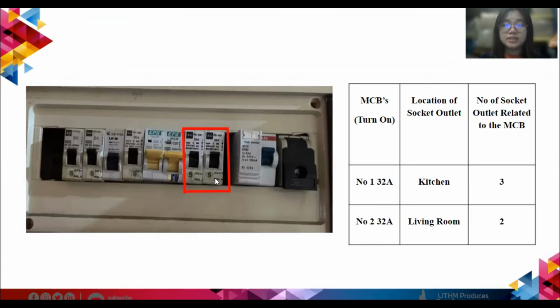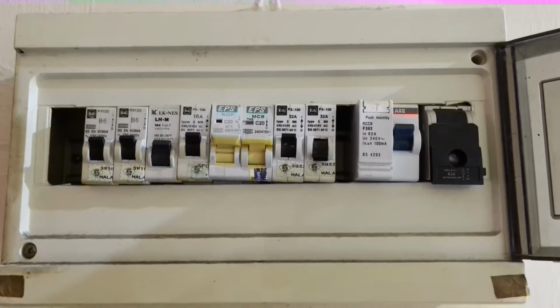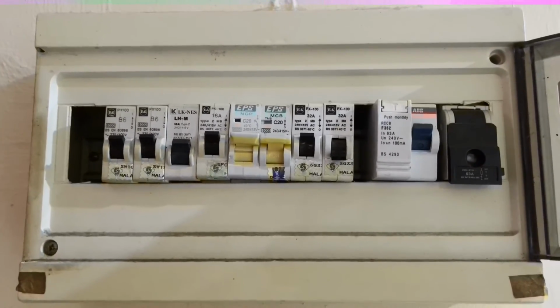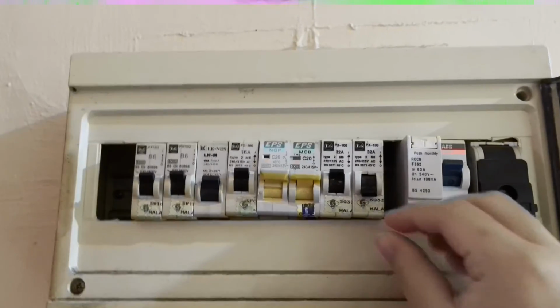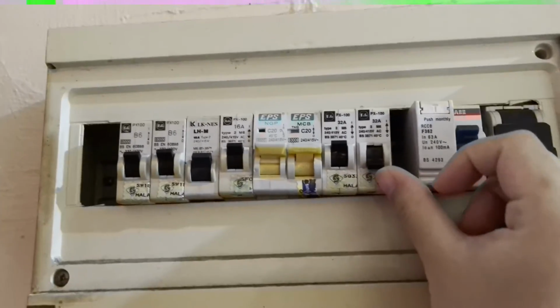The last one is connected to the living room. It considers 2 sockets. This is the MCB box in my house. The last MCB will control the living room socket, which is here.